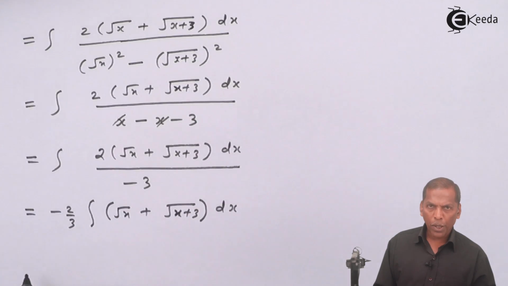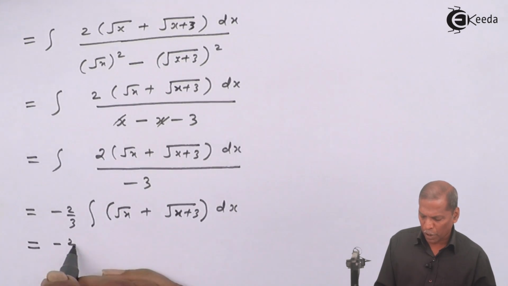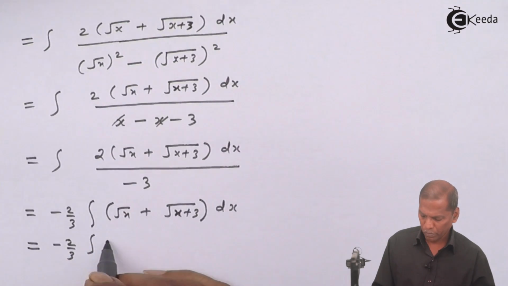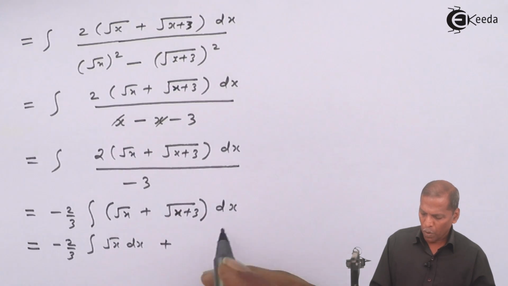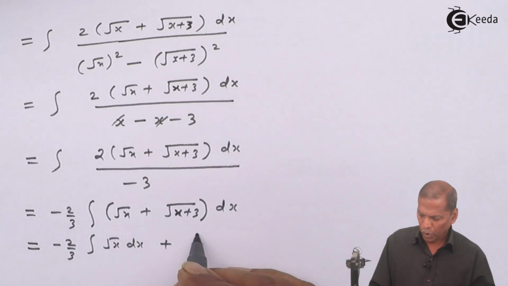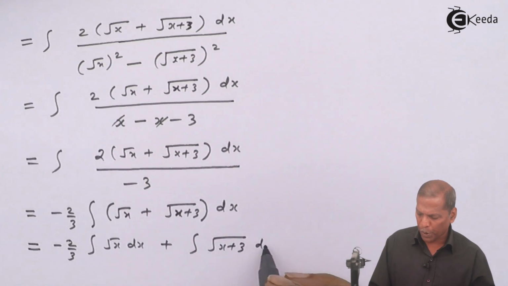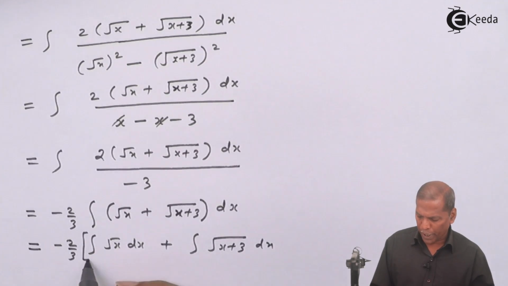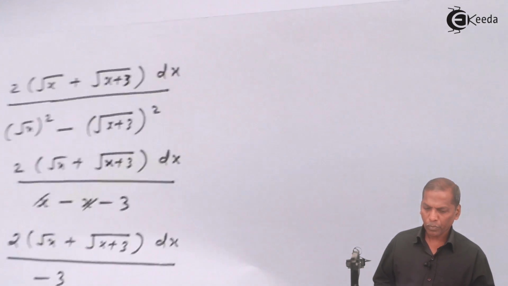Now by using rules of integration, this can be written as equal to minus 2 by 3 integral root x dx plus integral square root of x plus 3 dx, and we complete the square bracket finally.